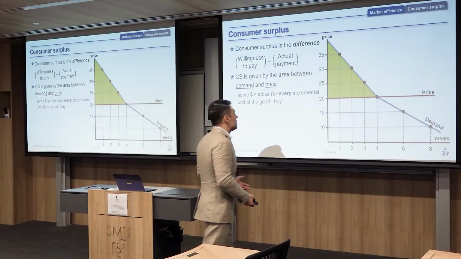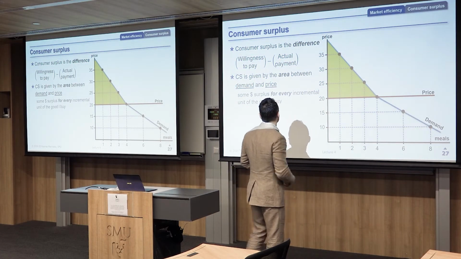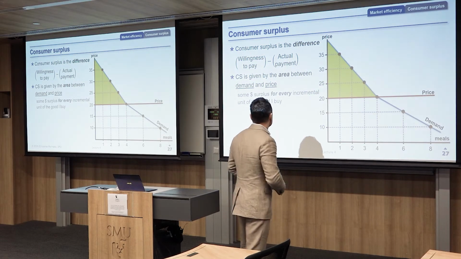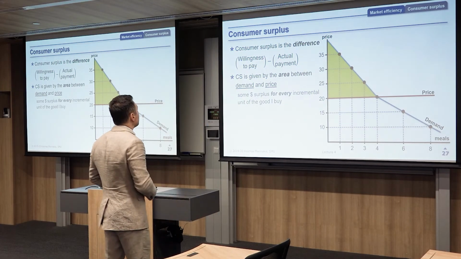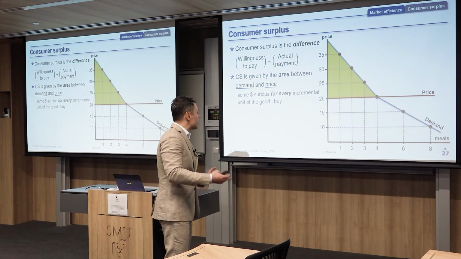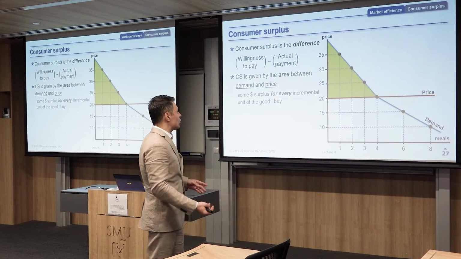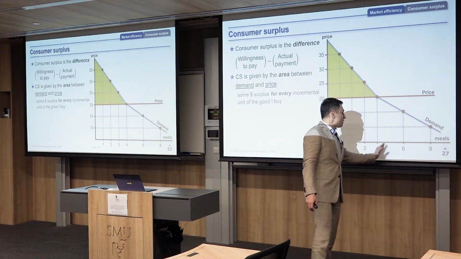by the price. So the price is 20 right here. So the area between the two is the consumer surplus, CS, and it's the dollar surplus for every incremental unit of the good I buy. Here in this example, from 0 up to 4 units, because I do not buy anything above 4 units.